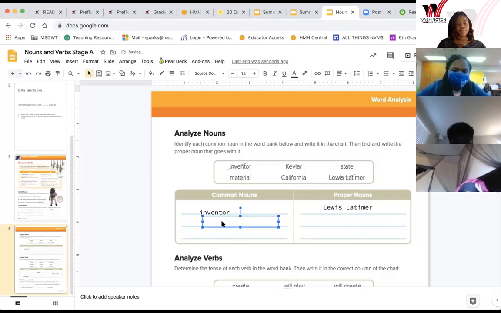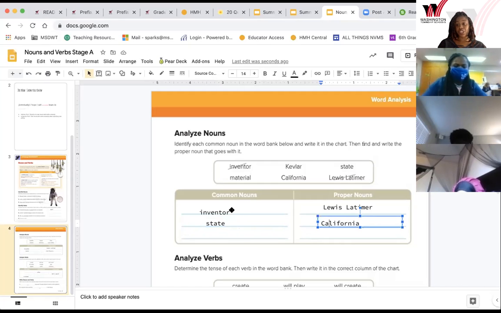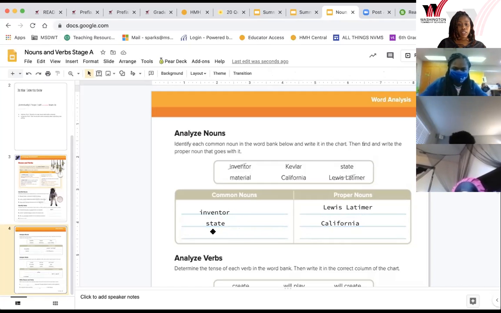All right. What will be another common noun? State. Yes, state. So what will be the proper noun that goes with this? California. Yep, California. All of our proper nouns have capital letters, and all of our common nouns are very general. So our last common noun is what, Manasia?